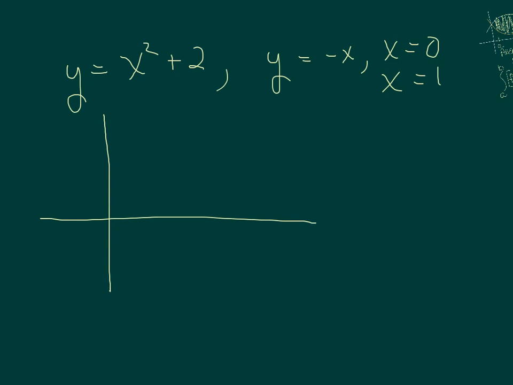If we graph y equals negative x, well, that's just a slope of negative 1, and it's just going to look like this. And it's hard to sometimes graph just right on this. So there's y equals negative x. If I graph y equals x squared plus 2, well, that is just a parabola that's shifted up 2 units.